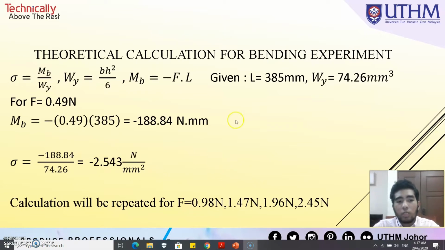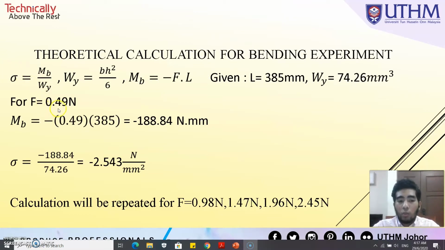Moving on to the second calculation, which is the theoretical calculation for the bending experiment. This is what has been given: the length and also the second moment of area.